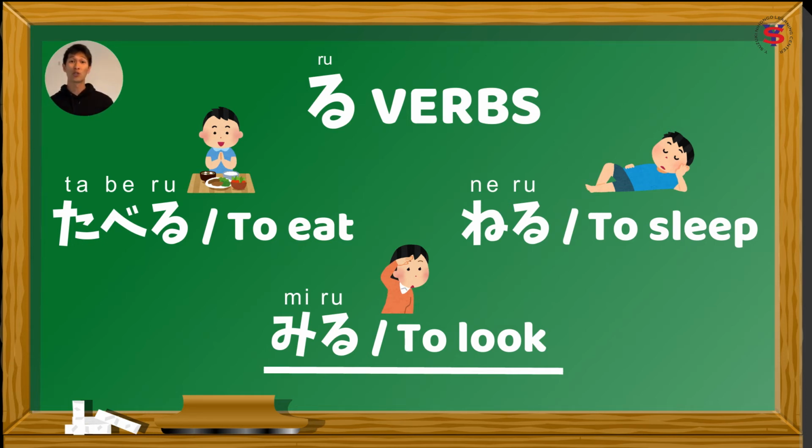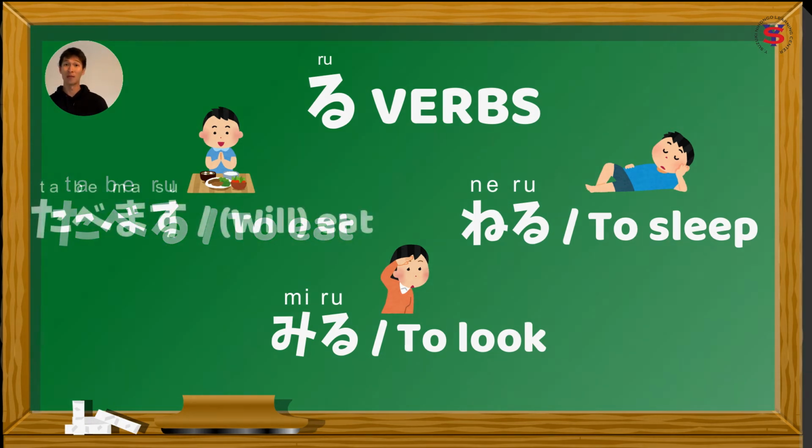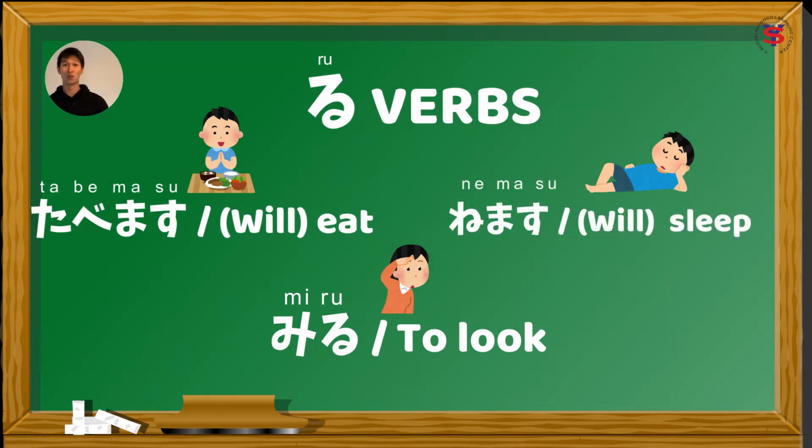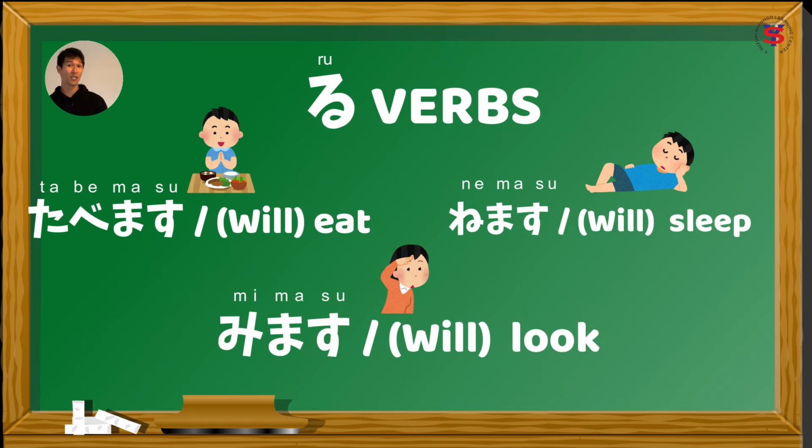Okay, to change ru verbs into masu form, simply remove the ru. Tapos, ilalagay natin sa huli si masu. So, taberu becomes tabemasu, or I am eating or I will eat. Neru becomes nemasu, or I am sleeping or I will sleep. And miru becomes mimasu, or I am watching or I will watch.